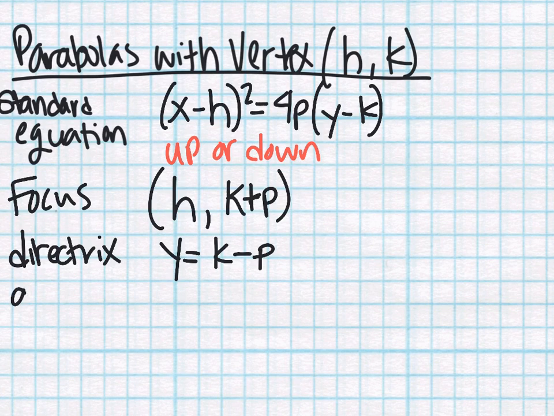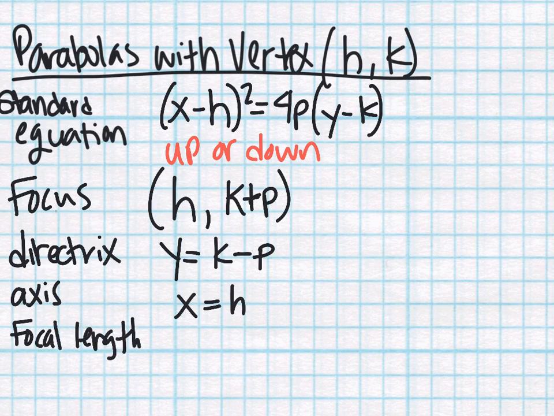The axis is going to be x equals h. Focal length hasn't changed, that's just p. Focal width hasn't changed, that's the absolute value of 4p.